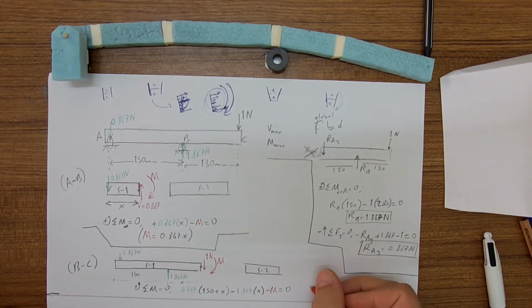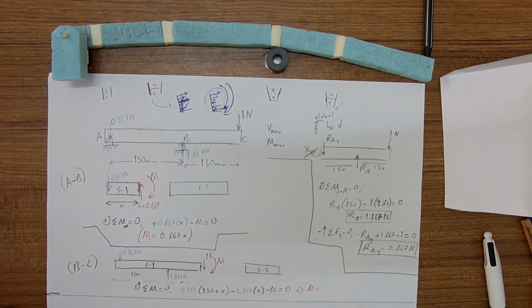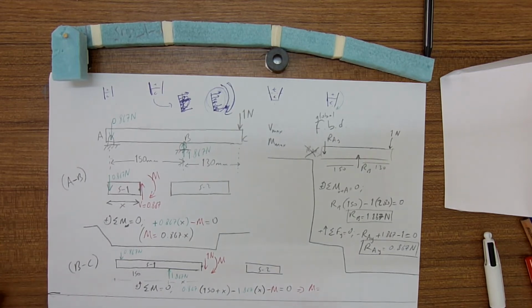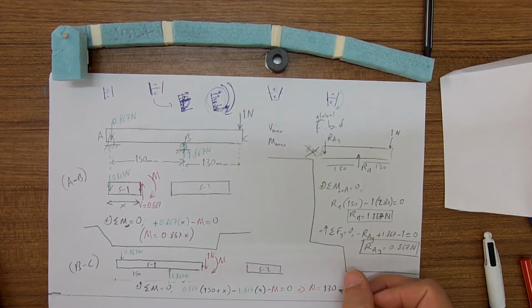From here, M is equal to, let me calculate it, 0.867 times 150 is 130. Then 0.867 times x minus 1.867x. Then that means negative 1x simply.